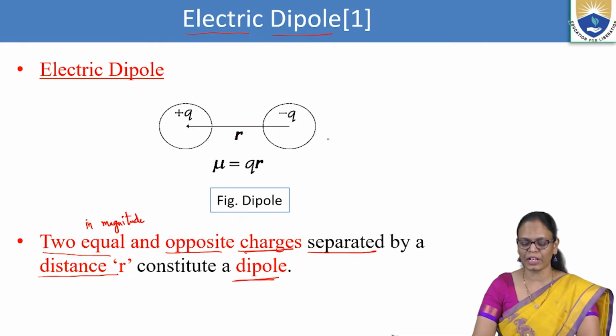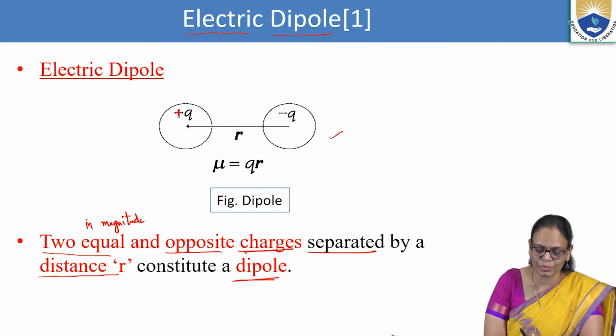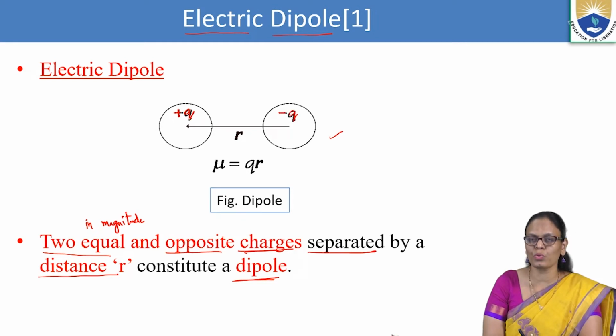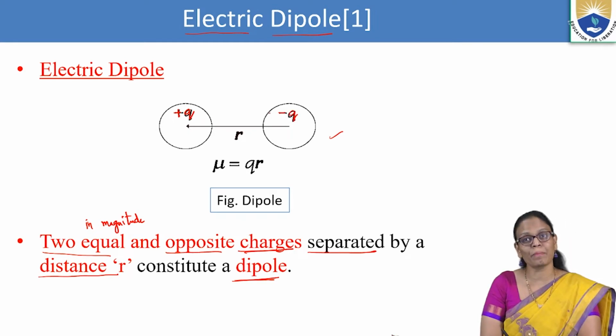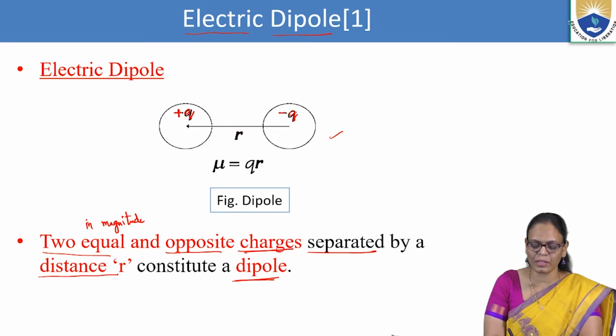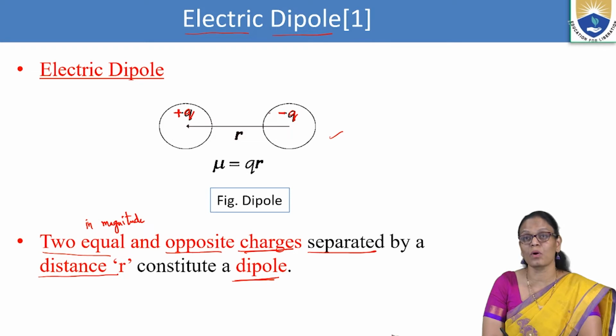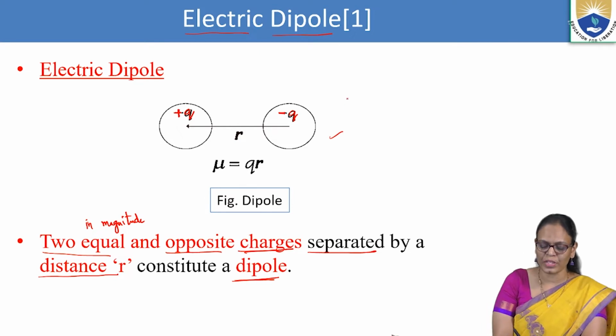You can see in the figure here, we have taken two charges, plus q and minus q. When I write q and q, it means the magnitude is the same. But if you see the charges, this is plus q and this is minus q, so they are opposite charges. These two charges are separated by a distance r.